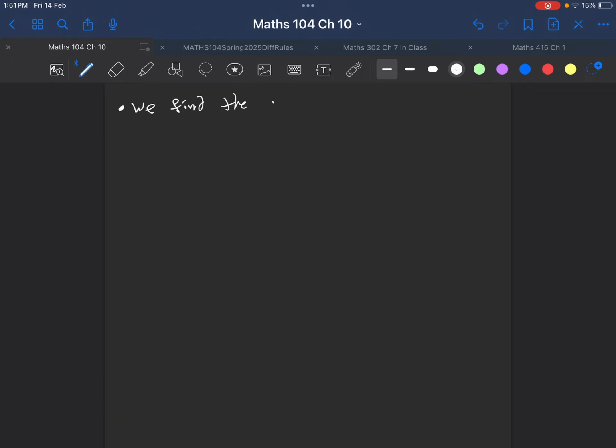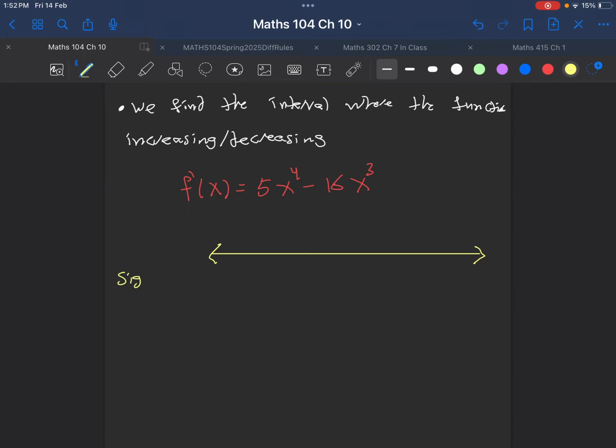Now, in order to do that, let me just write the derivative one more time, which is 5x^4 minus 16x^3. Next step, you do the number line. And in the number line, you need to find the sign of the first derivative. Now, what do we write in the number line?